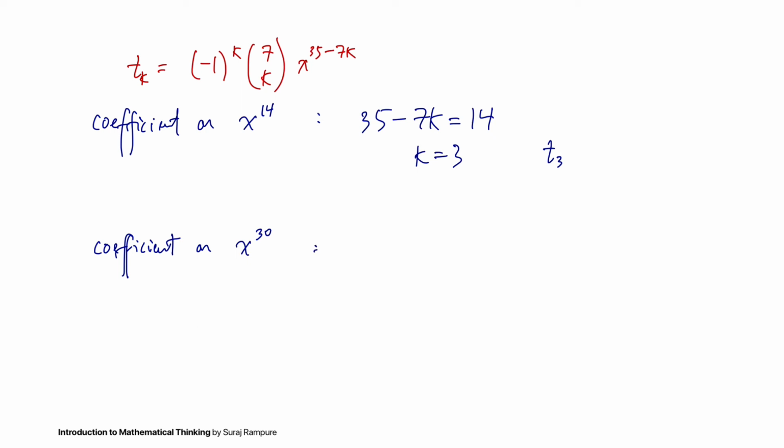But here, if we set the exponent 35 minus 7k equal to 30, you get that k is equal to 5/7. But that's not possible because k was our index for what term we're looking at. K was an integer between 0 and n inclusive. So here it doesn't make sense for k to be a non-integer. Is that clear? So any questions with that?